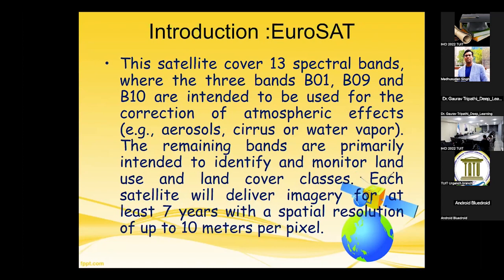The remaining bands, in a multispectral or hyperspectral image, can be used for various purposes, like creating a vegetation index, a water index, a road index, or specific types of road index. Whenever we apply a threshold to the image, we get what type of area is there. Each satellite will deliver imagery for at least 7 years with a spatial resolution up to 10 meters per pixel.